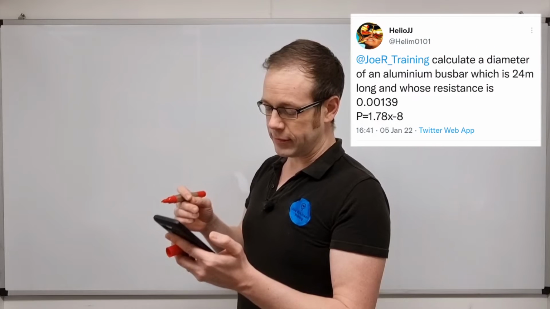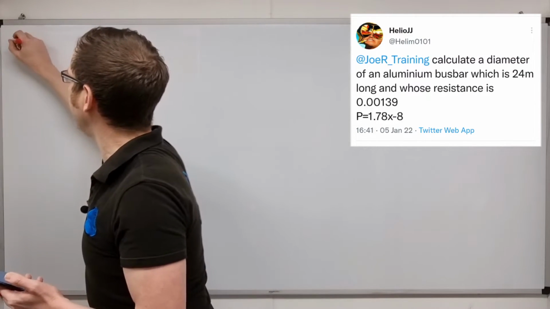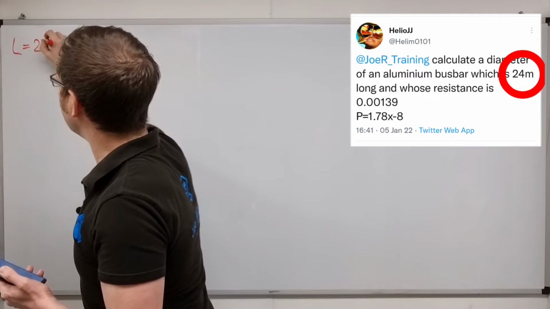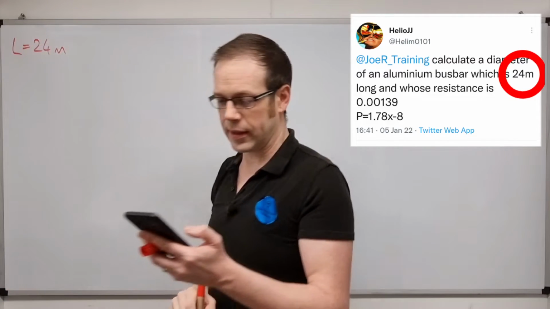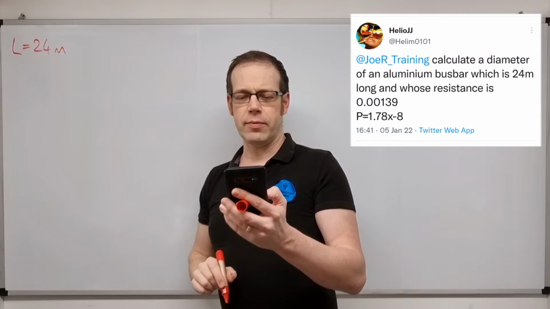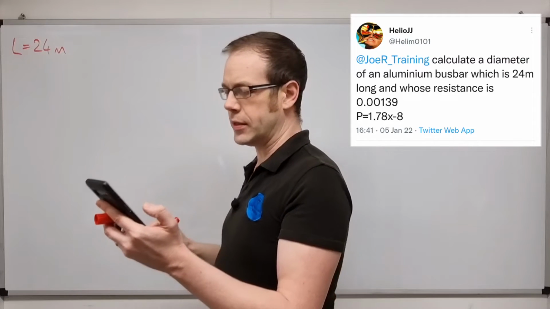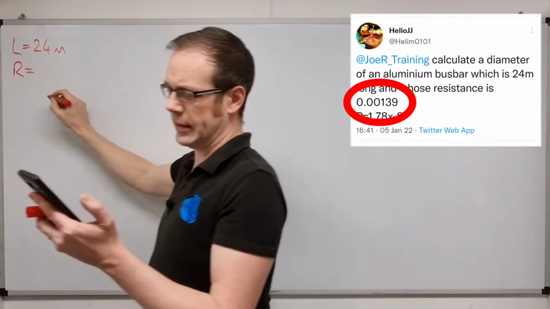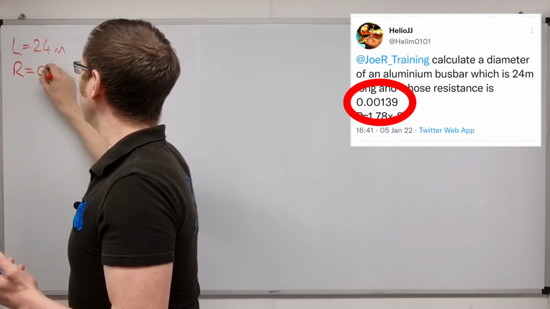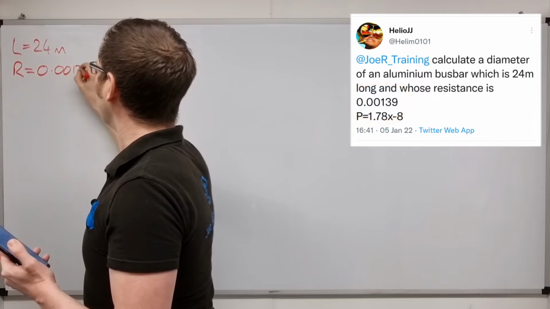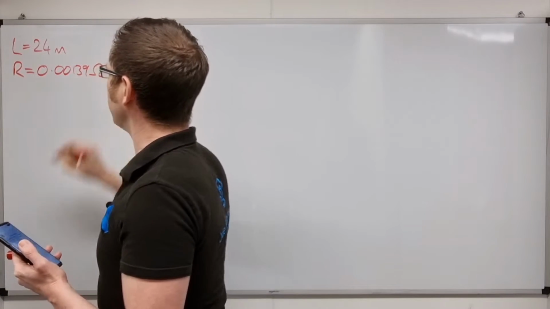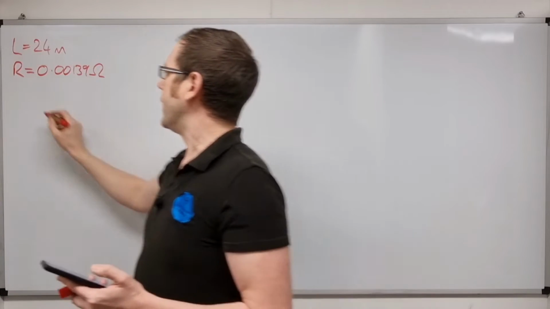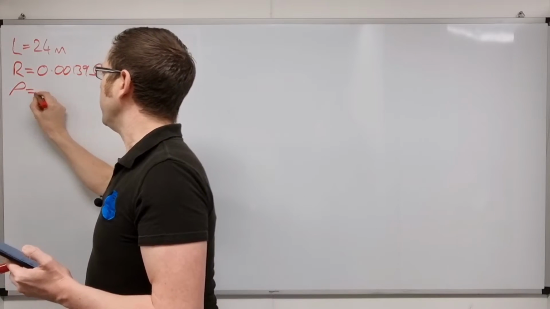First of all, we know the length of the bar. Okay, so we know that it is a length of 24 meters. It's got a resistance of 0.00139 ohms, and we've got a value for resistivity, or rho.